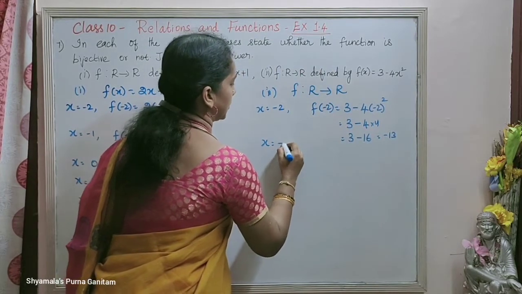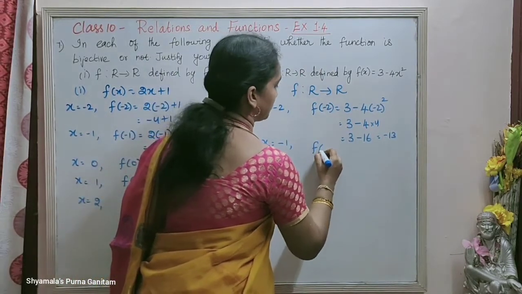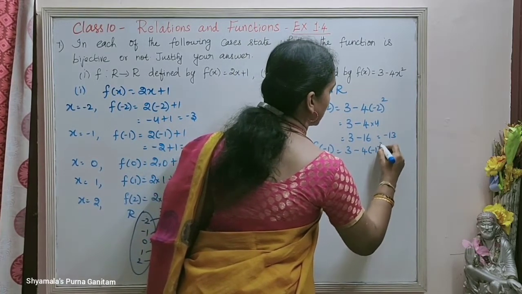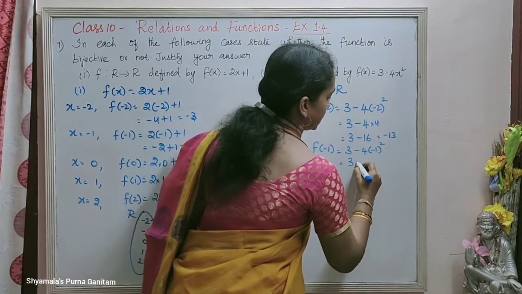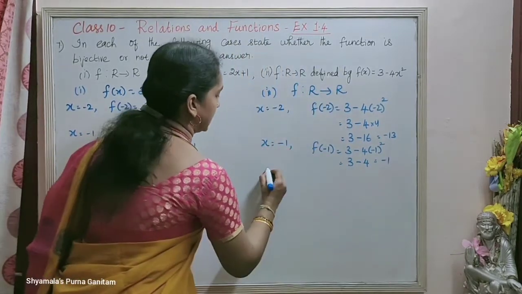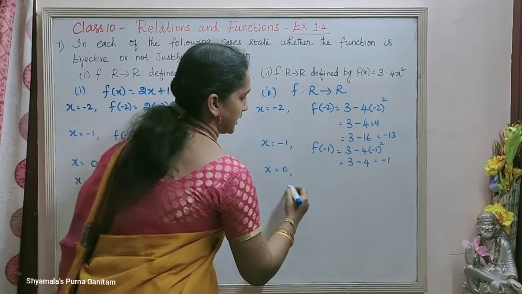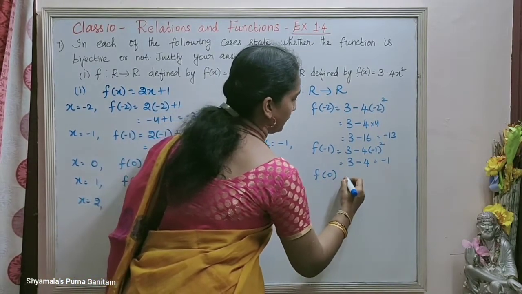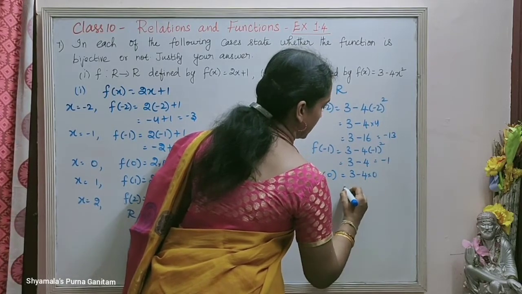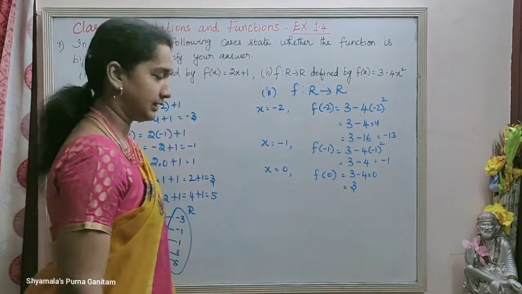Then if x is equal to minus 1, f of minus 1 is equal to 3 minus 4 into minus 1 the whole square. So this is 3 minus 4, and we get the value as minus 1. Then if x is equal to 0, f of 0 is equal to 3 minus 4 into 0, so f of 0 will be 3.